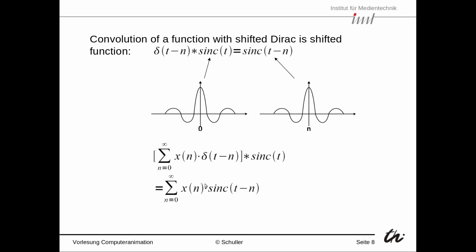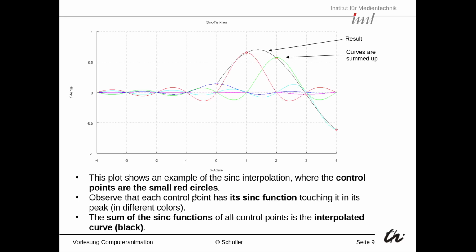So you can say that each control point or sample has its own Sinc function centered at its position. So each sample has a correspondingly shifted Sinc function multiplied with the value of the sample or the control point at that position. And that can be seen here in this picture, in this example.